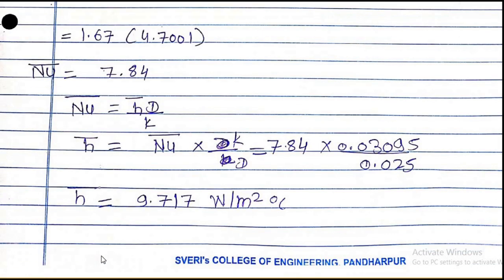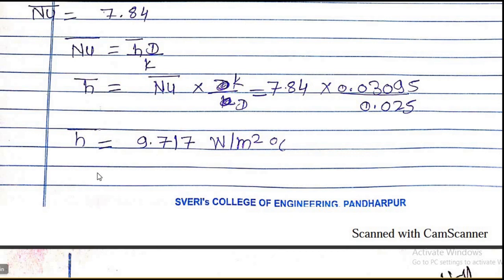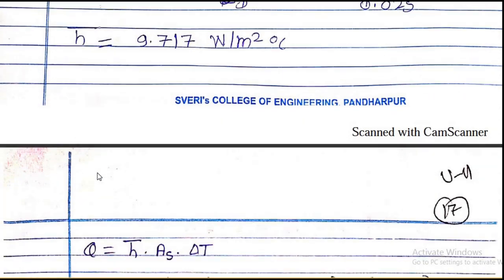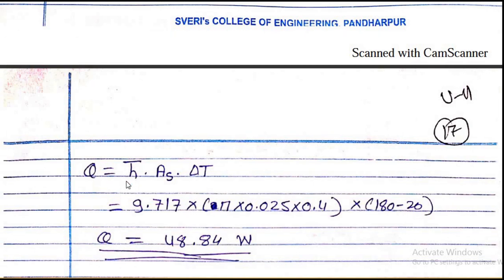Now on that basis we can determine the heat loss or heat gain by the cylinder. Q is equal to h bar multiplied by A suffix s multiplied by delta T, where h bar is the heat transfer coefficient, A suffix s is the surface area of the tube or cylinder, and delta T is the temperature difference between the fluid and the cylinder surface.